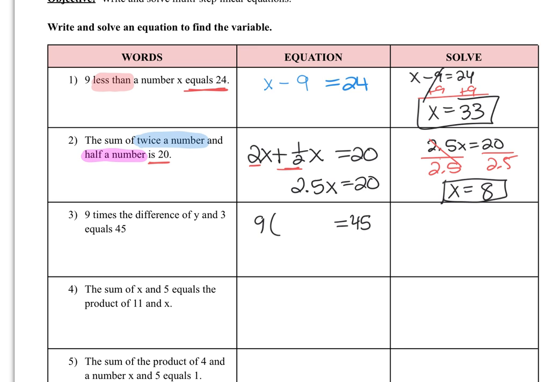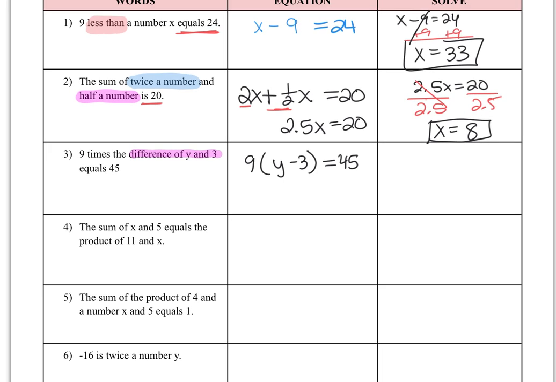I like to use parentheses. And then I have to figure out, well, what's in the parentheses? So it says 9 times the difference of y and 3. What is difference? Subtraction. Does it matter the order I subtract things? Yes. So whatever they give you first, that's what we have to write first. So did they give me y or 3 first? Y. So it'll be y minus 3. Close the parentheses.